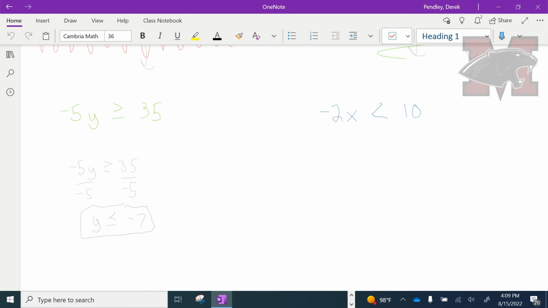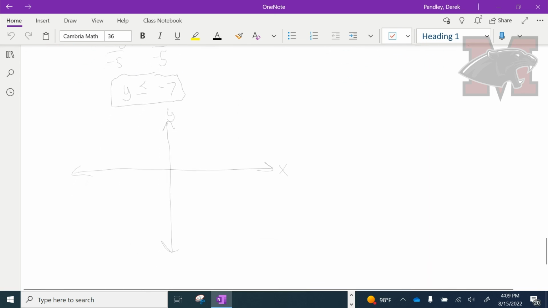If I graph this, y is less than or equal to negative 7, so I count 1, 2, 3, 4, 5, 6, 7. I know where that point is.